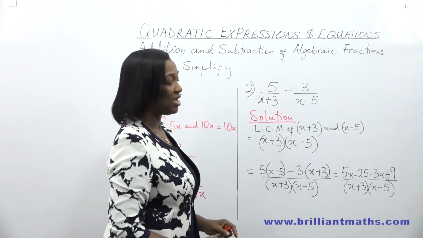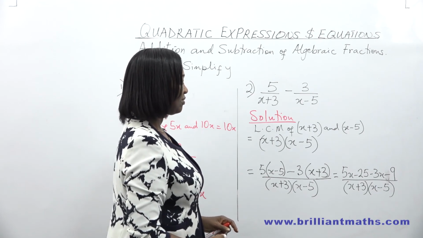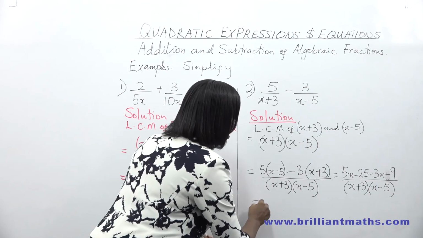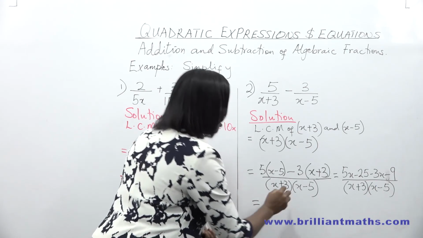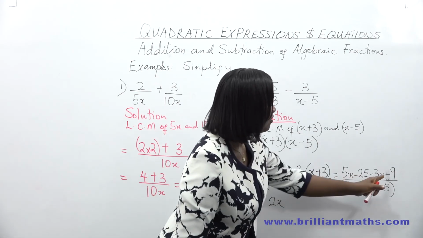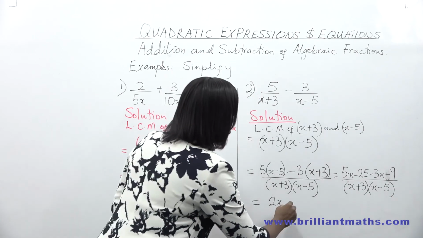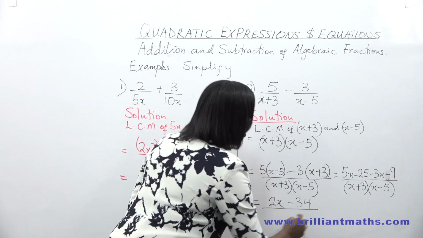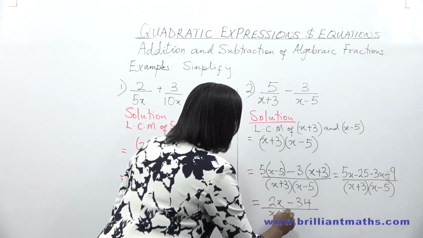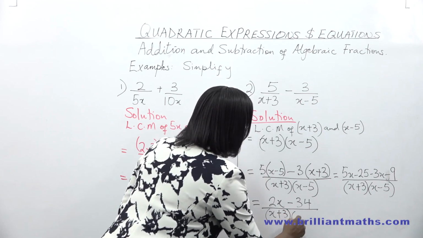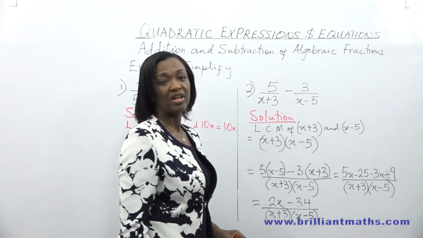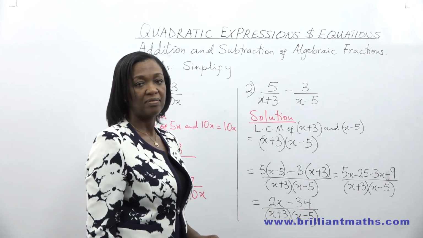Next, I collect the like terms. 5x minus 3x will be 2x. Minus 25 minus 9 will be minus 34 over x plus 3 into x minus 5. So that's my final answer.